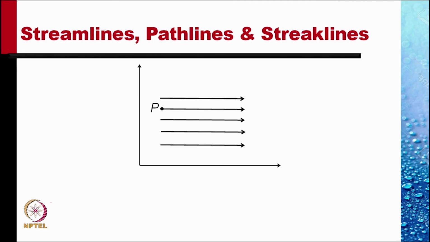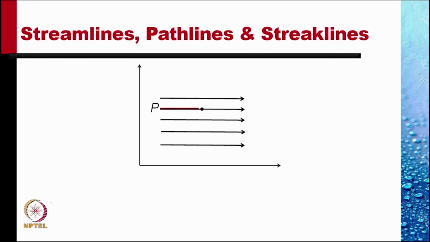A particle at P would travel along this line. A particle that follows will also travel along this line. So this red line here would be both a streak line as well as a path line, besides being a streamline as we started out with.